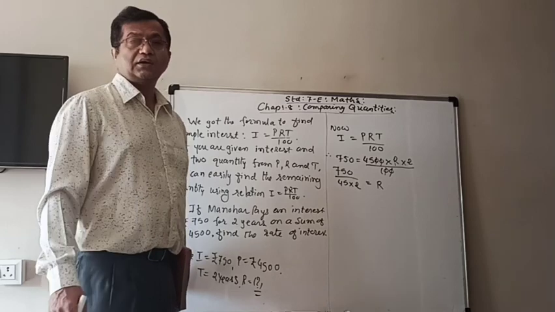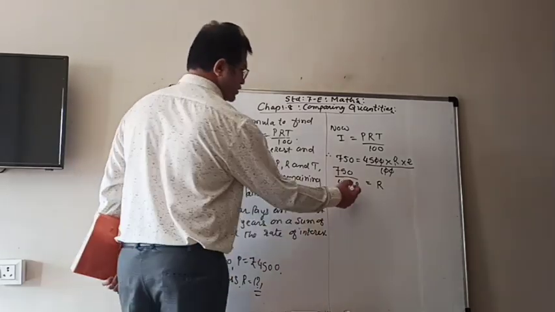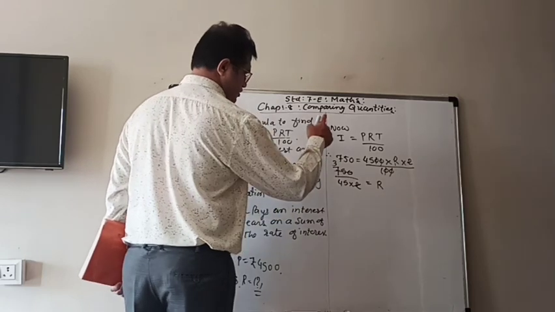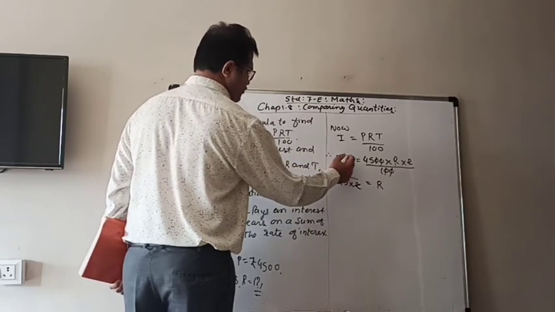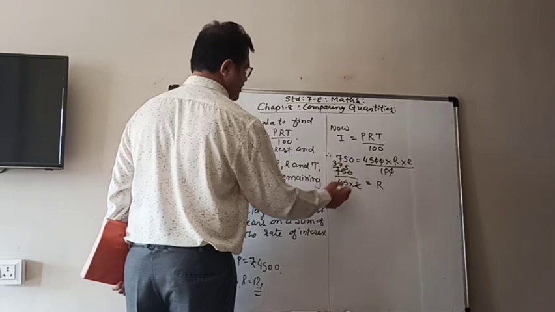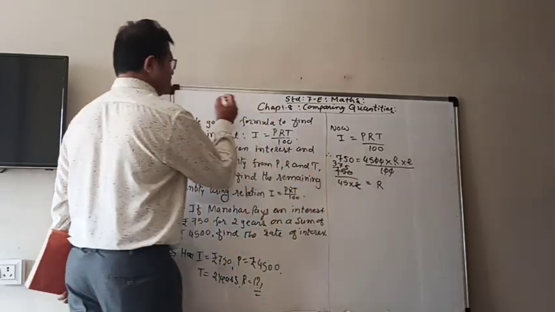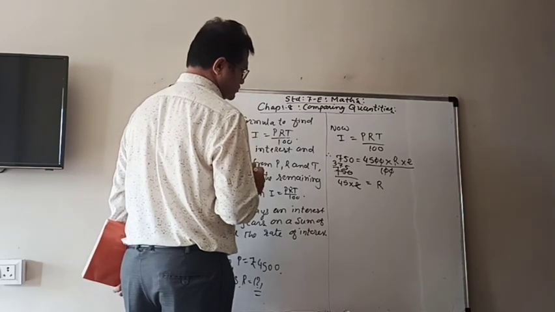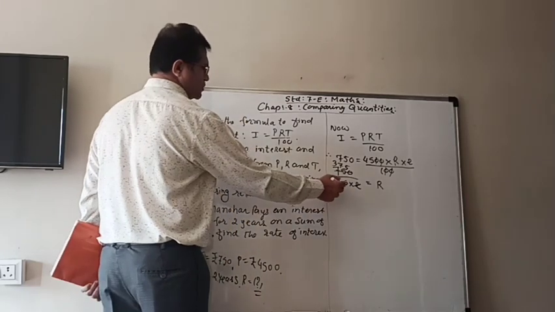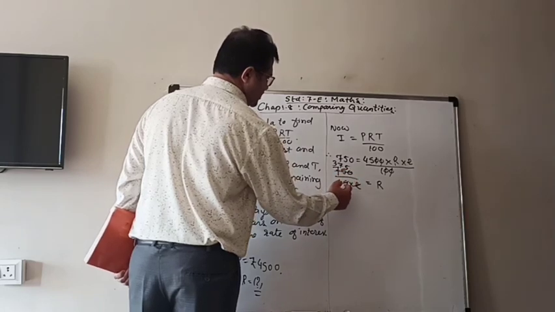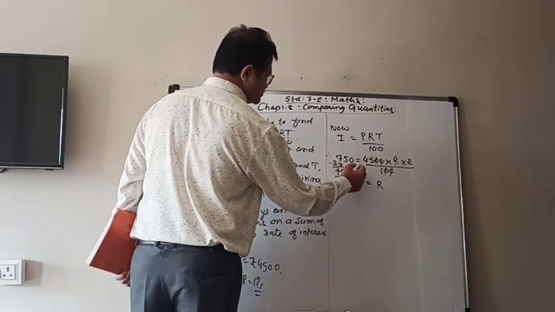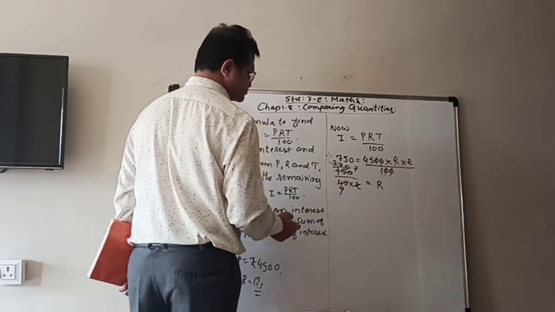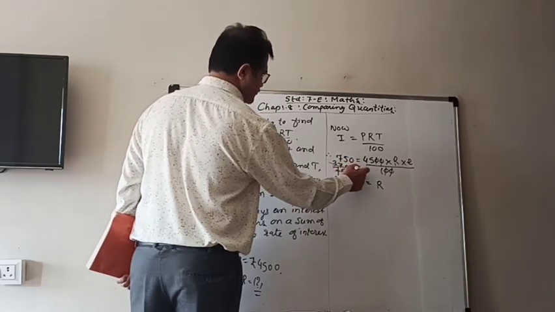Now we have to do the simplification. 2 3s are 6, 2 7s are 14, and 2 5s are 10. Now 375 divided by 45. 9 5s are 45, 9 7s are 63, and 5 5s are 25.